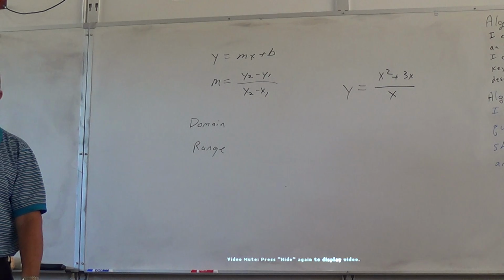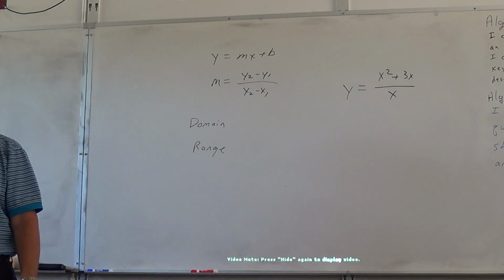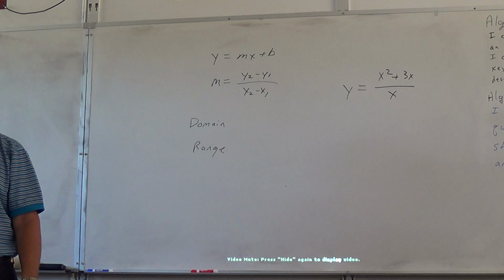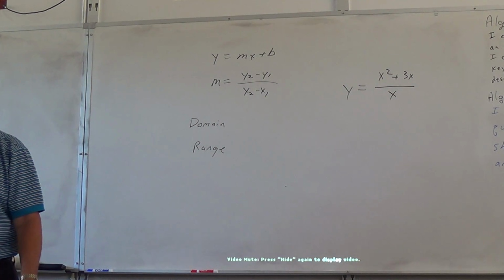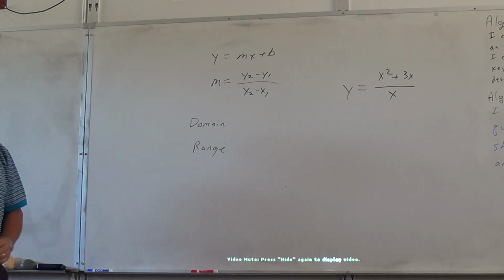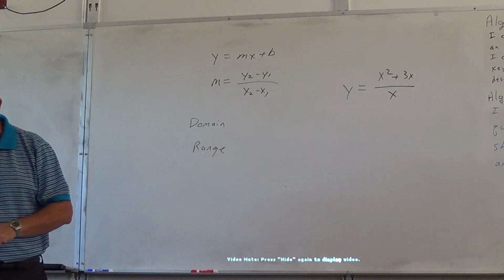Give me a number that x cannot be equal to. Good try on it, and I see how you did it. You said 0. Okay, x can't be 0 for the domain. And I just wanted to give you that because I wanted you to see that those things do crop up.